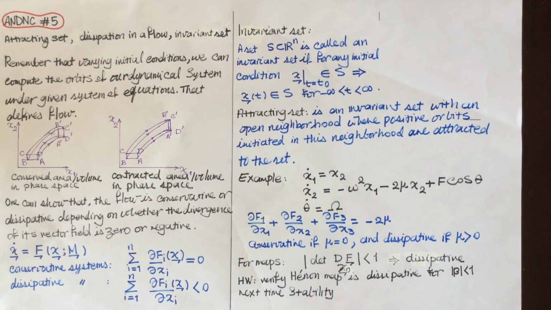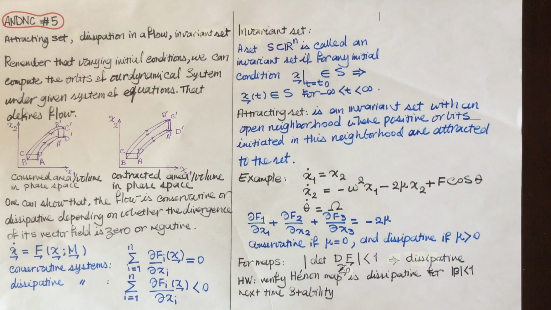And if this is less than 0, this system is dissipative. This can be mathematically proved. So, for example, you can look at Nayfeh and Balachandran's textbook, and in section 1.4 or 1.5, you can see a proof for this.